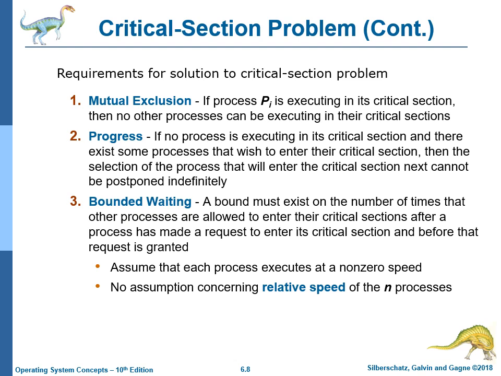So progress ni syaratnya kalau tak ada proses yang execute dia punya critical section dan some process dah request to enter dia punya critical section, only those process that not executed in the reminder section can participate in deciding which process will enter its critical section next. And this selection cannot be postponed indefinitely. Dah tak boleh postpone dah.